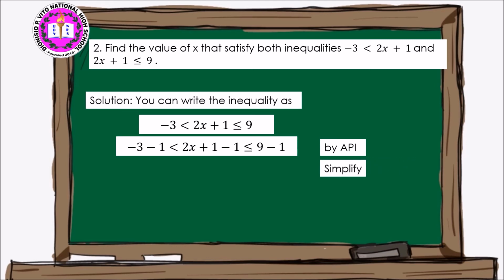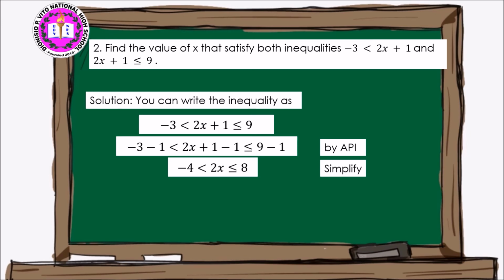So we're going to simplify that inequality. So we have 2x plus 1 minus 1 is equal to positive 2x, which is greater than negative 3 minus 1, which is negative 4, which is less than or equal to 9 minus 1, which is 8.